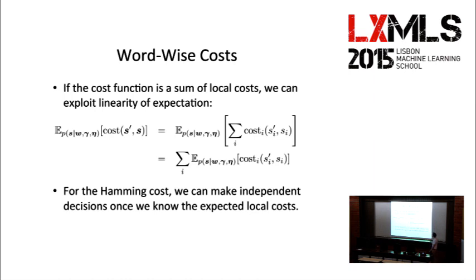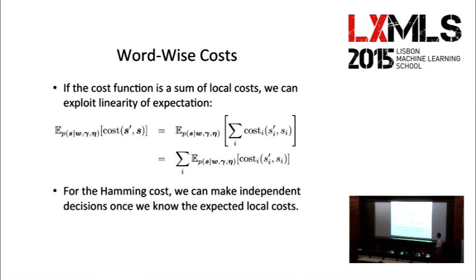So interestingly, what's happening when I use Hamming, or really any cost where the cost function looks at local costs and sums them up, I'm exploiting linearity of expectation. The expected value of the cost equals the expected value of a bunch of local costs at position I. You could define a different cost matrix that says some mistakes cost more than others.